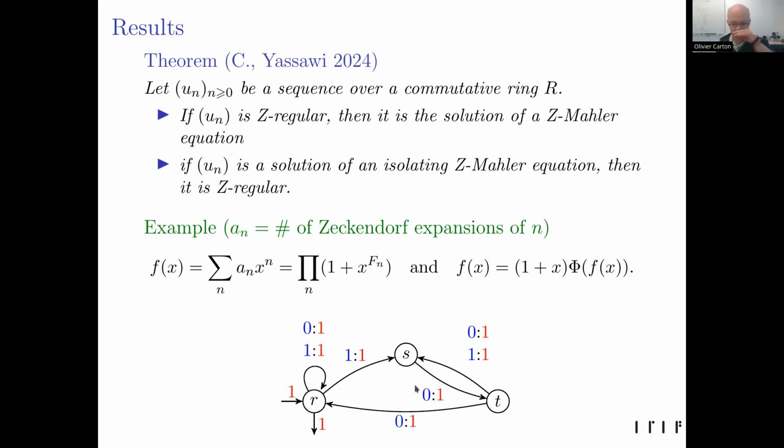And actually, you have here a weighted automaton which computes exactly a_n. You can check that for each input word, the number of runs from R to R is exactly the number of Zeckendorf expansions. We use in a different way the automaton given by Christian Frougny to compare the canonical expansion to any other expansion to check that the difference is 0.